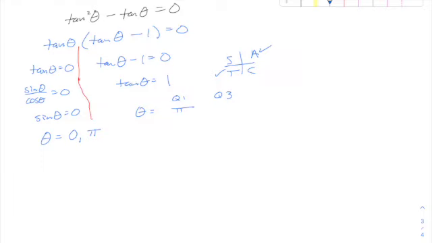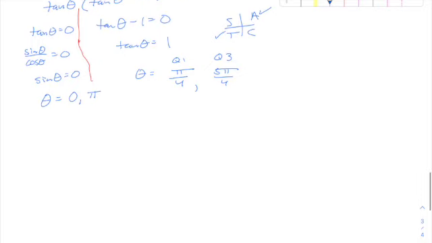So quadrant 1 would be pi over 4. The quadrant 3 would be just 1 bigger than the denominator, or pi plus that reference angle of pi over 4, giving you 5 pi over 4. So there are your 4 solutions. Check them if you like, all 0 to 2 pi, all good inside the interval. But you can always go back and check if you don't trust it.